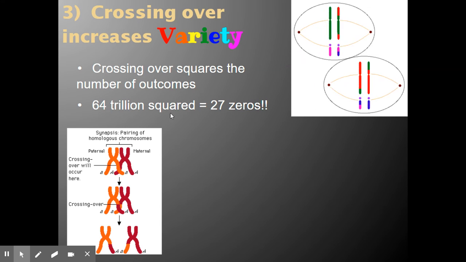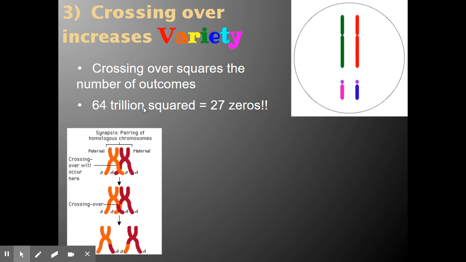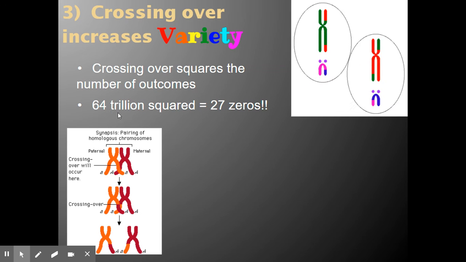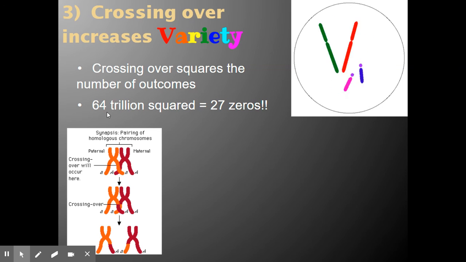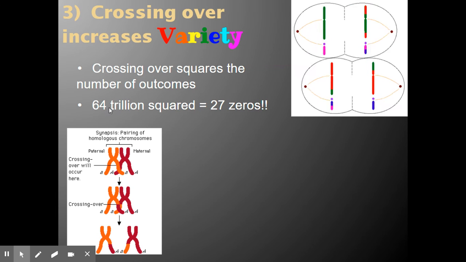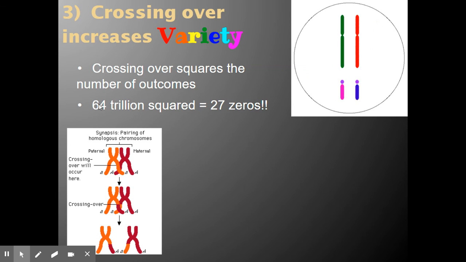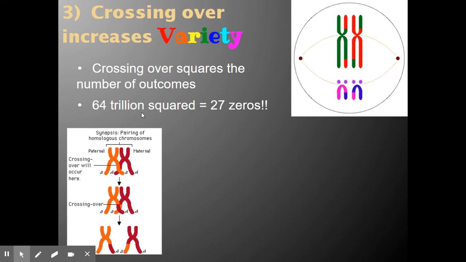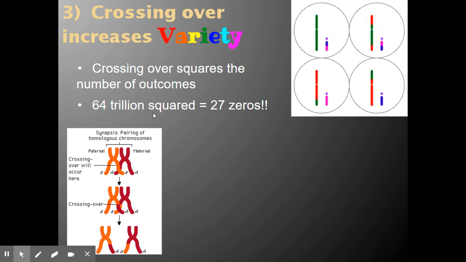This is the number of possibilities of children, like differences, for every pair of parents. So every child has a 1 in 64 trillion chance to look the way that they do.